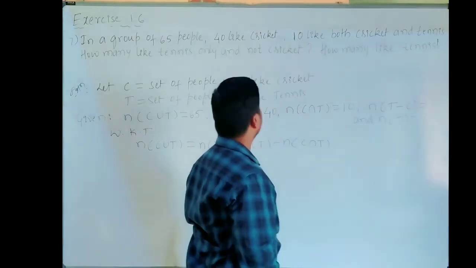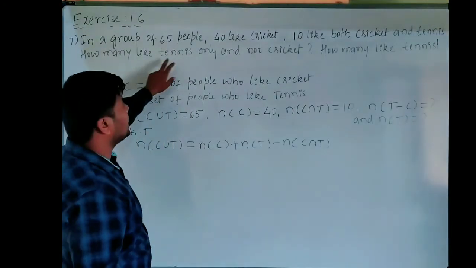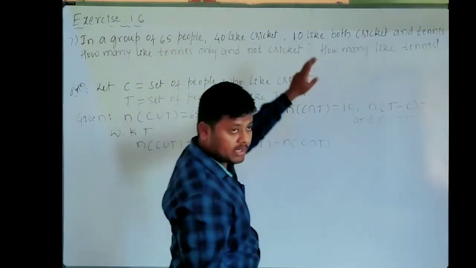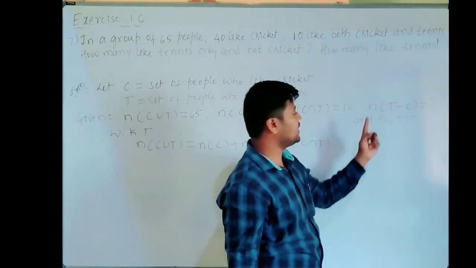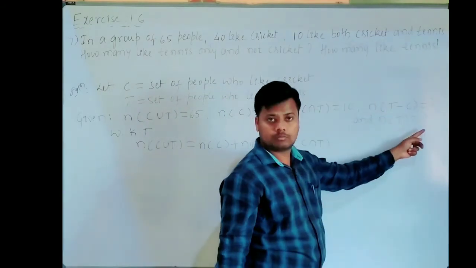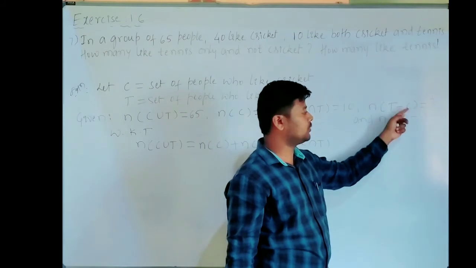We have to find how many like tennis only and not cricket, that is n of T minus C, and how many like tennis, n of T equals question mark. We have to find these two.